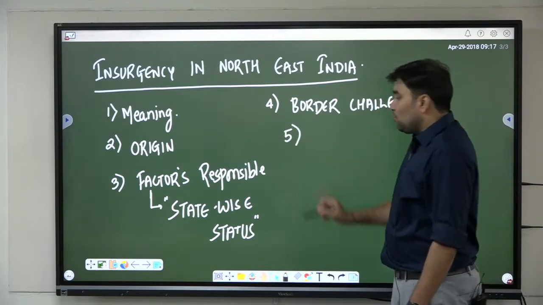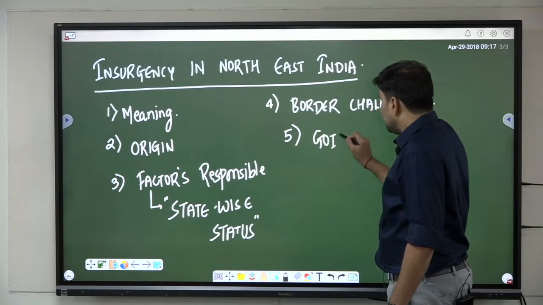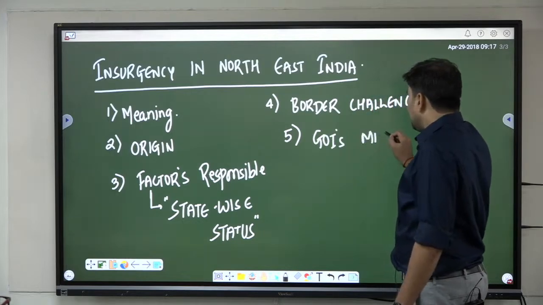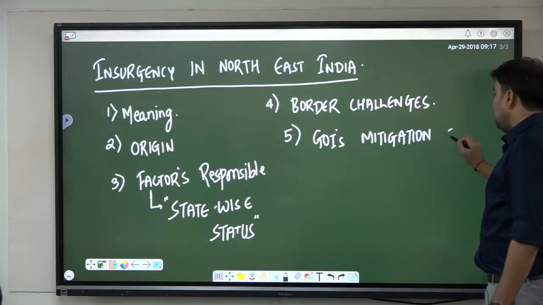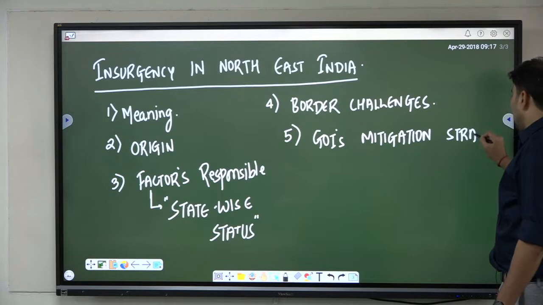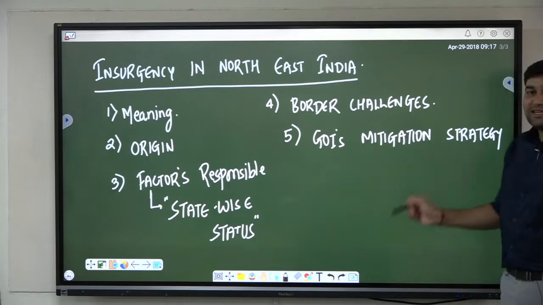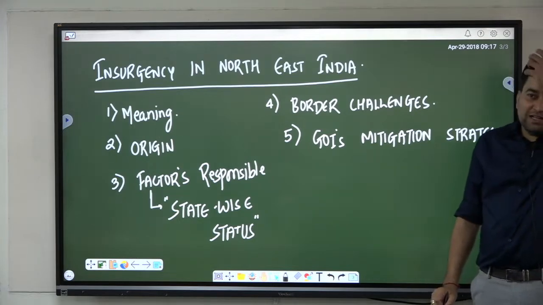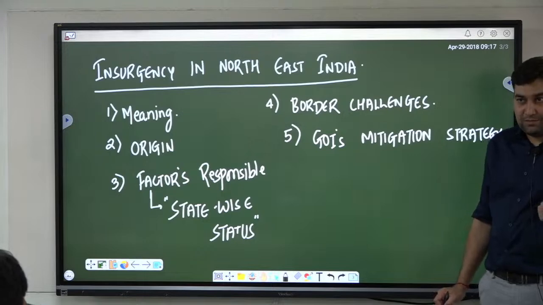Fifth, we'll try to understand the Government of India's mitigation approach or strategy with respect to insurgency. In this mitigation strategy, we'll study institutional, infrastructure, security related, border related issues, and basically constitutional and legal provisions.